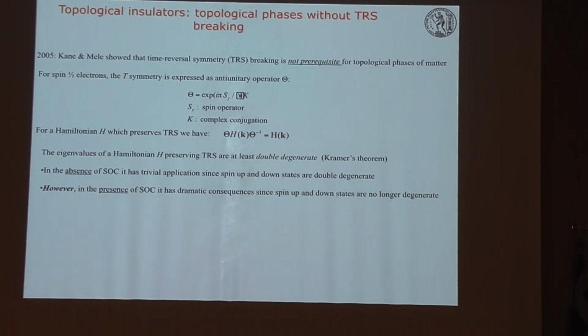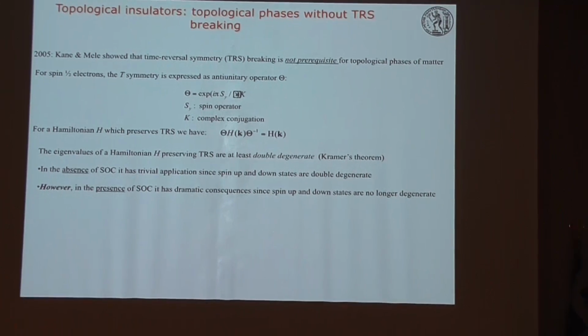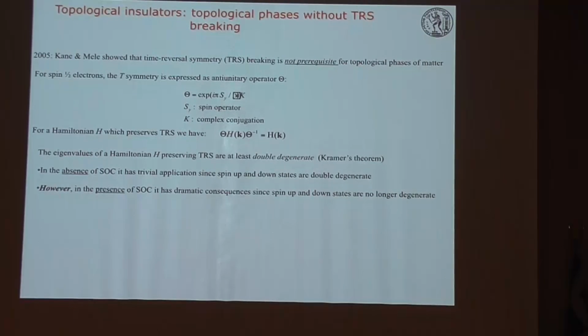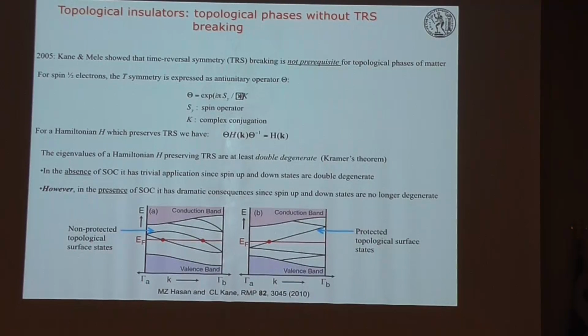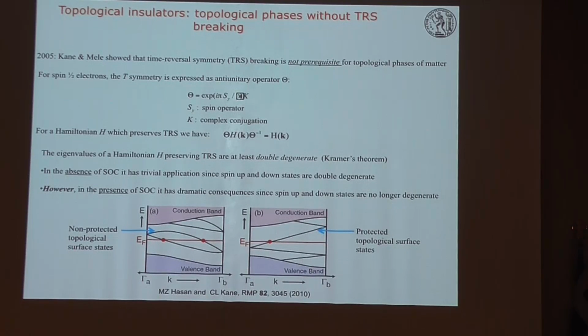Again, I suppose that most of you know the recipe for making a topological insulator, as suggested by Hasan and Kane. So this is the typical picture of a topological insulator with protected topological surface states.